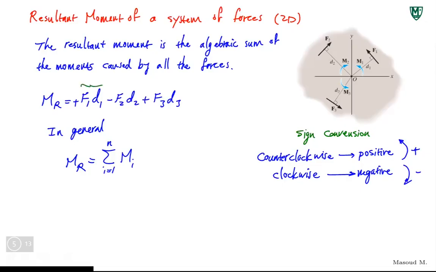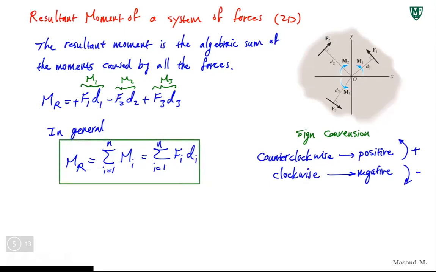So this is M1, this is M2, this is M3, etc. So you can actually write this as the sum from i equals 1 to n of Fi di, and n being the number of forces again. And so this is the general procedure, or general form, I would say, to find the resultant moment when you have more than one force.